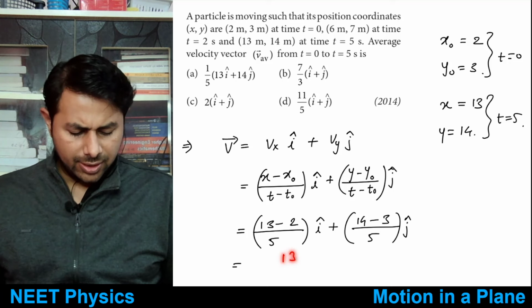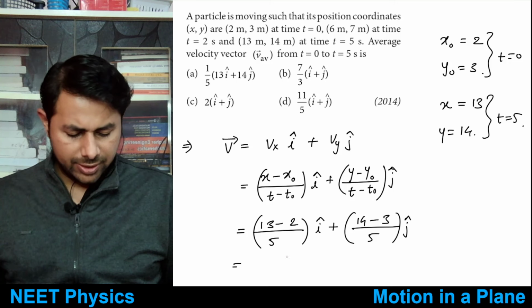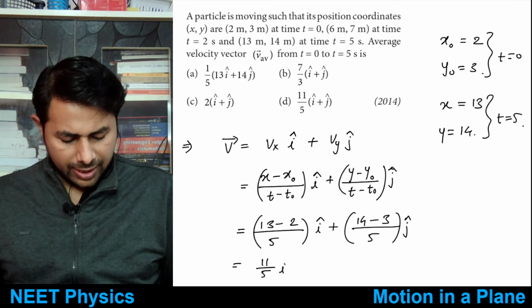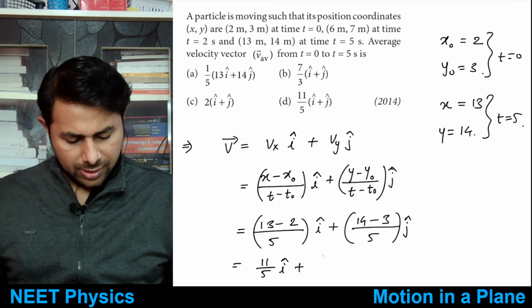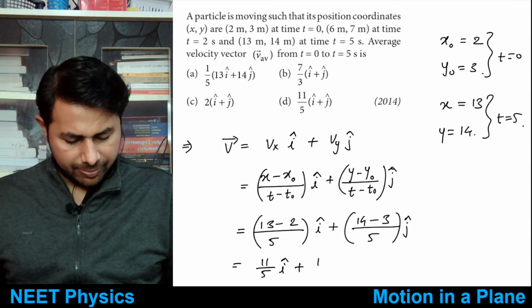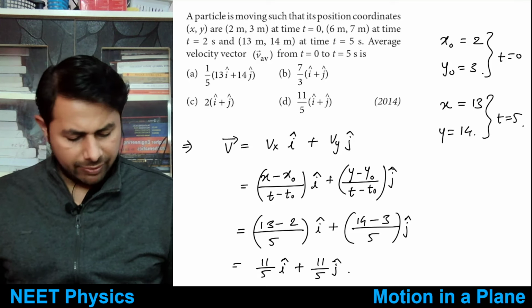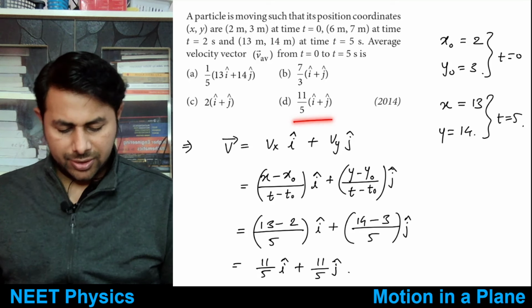So 13 minus 2 is 11, 11 by 5. So 11 by 5 into i cap plus again 11 by 5 into j cap. So that is the answer, or 11 by 5 you can take common, so it's option D.